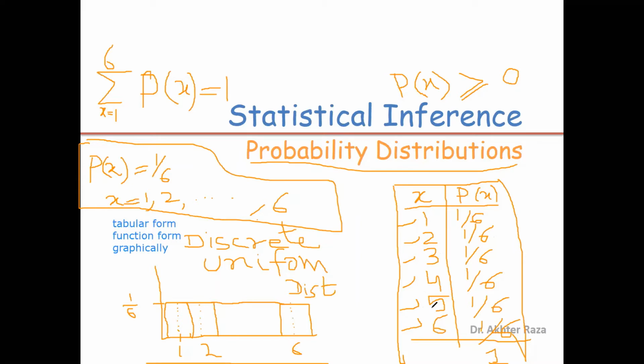In a discrete random variable, if the probabilities are homogeneous or the same, then such a distribution can be called a discrete uniform distribution. This is the tabular form of a discrete uniform distribution, this is the function form, and this is the graphical form.